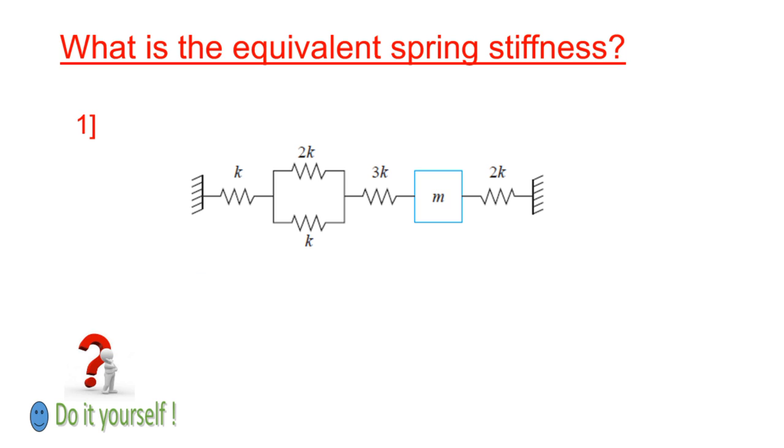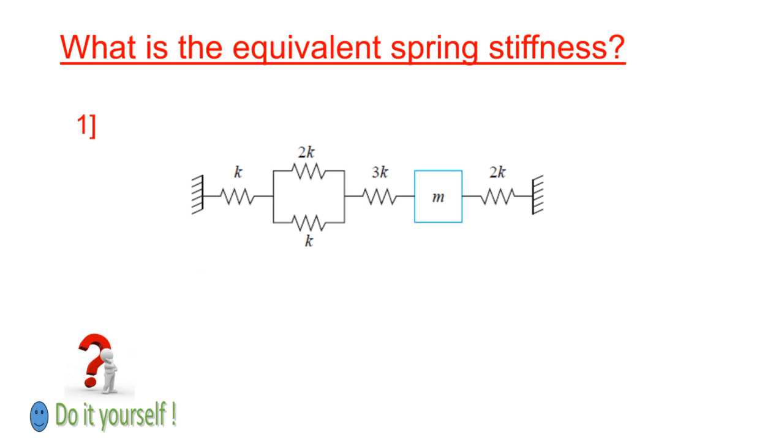Now I have given one problem for you to solve at home. Do it yourself. What is the equivalent spring stiffness of the system given in this diagram? In this diagram, K is the stiffness, and M is the mass in the system.